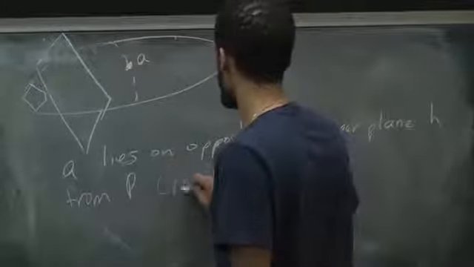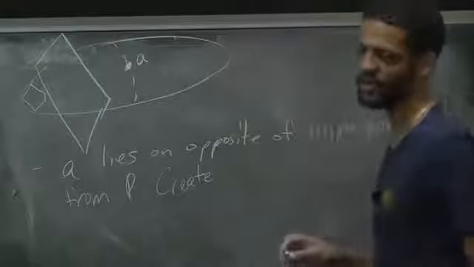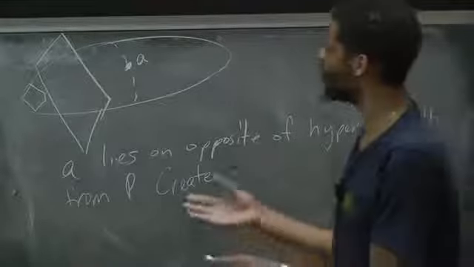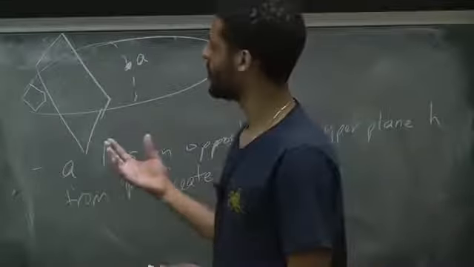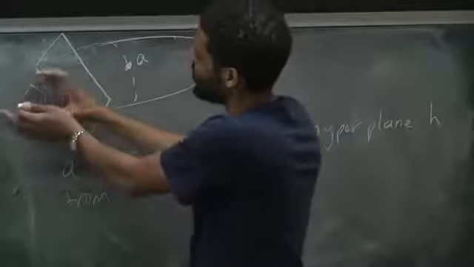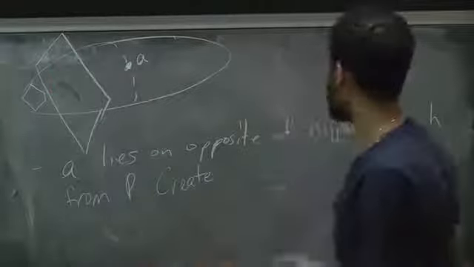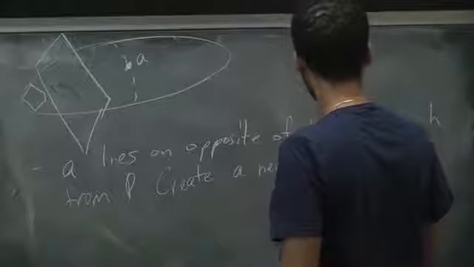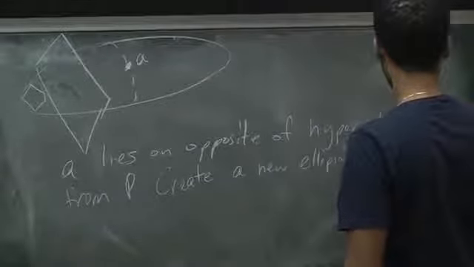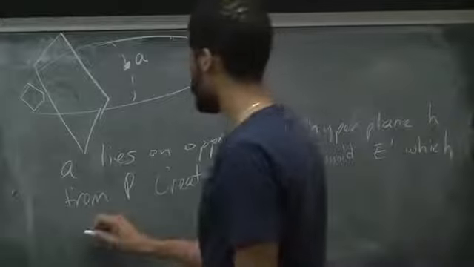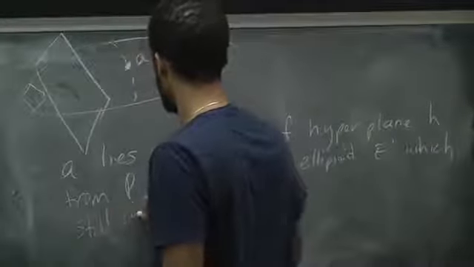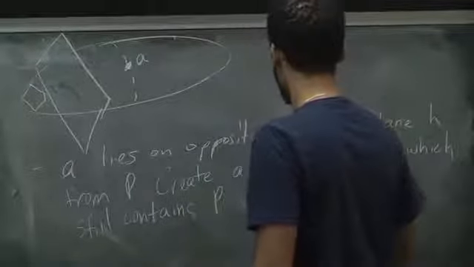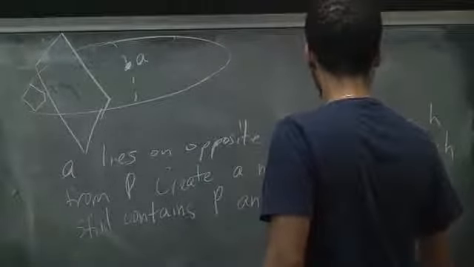So you create a new ellipsoid, and there's a closed form formula for how you get the new one. If you're given H and the old ellipsoid, what do you want? You want a new ellipsoid, which is smaller, which is guaranteed to contain just the other side of that hyperplane. Create a new ellipsoid, E prime, which still contains P and has smaller volume.